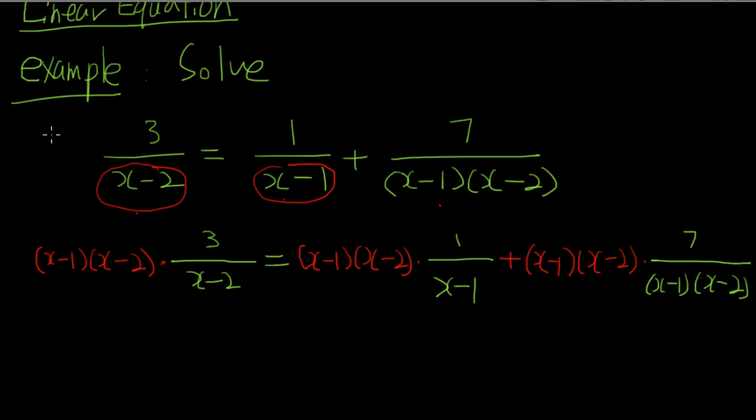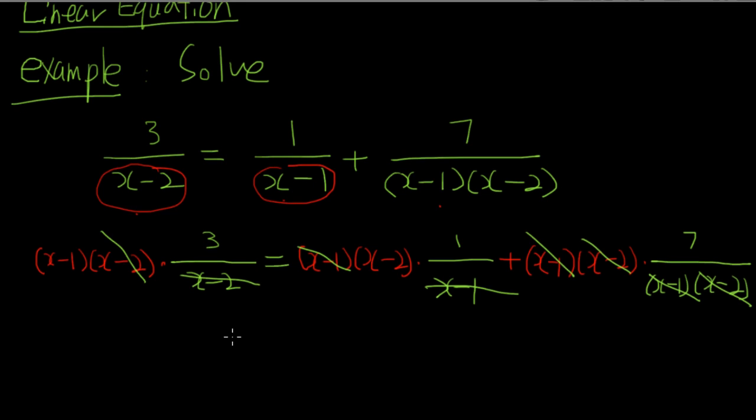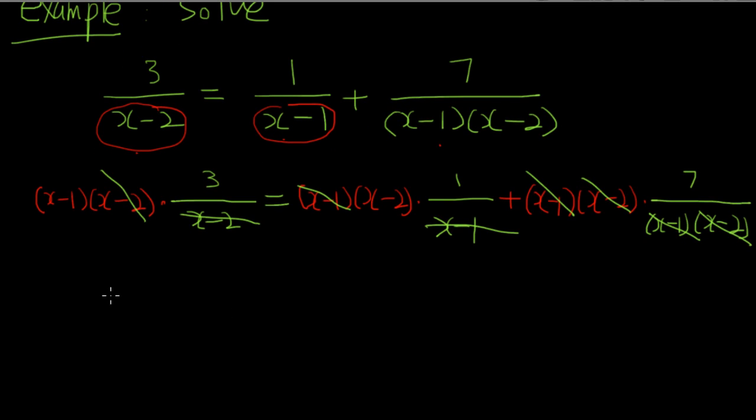Alright, so let's see what cancels out. This cancels out with this. x minus 1 cancels out with this. Both x minus 1, x minus 2 cancel with these two. So let's see what's left behind. What's left behind is x minus 1 times 3.